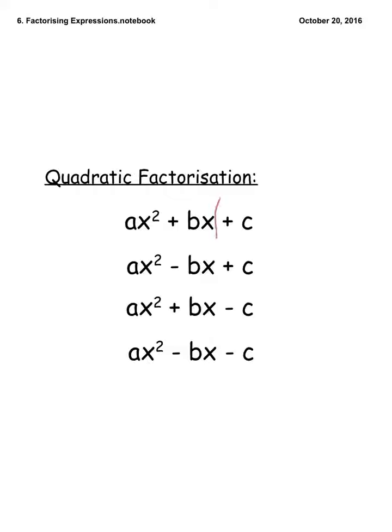The first two, with the plus in the second position, this tells you that the signs are the same. Okay, the signs are the same, so when you put your expression into two sets of brackets, you're either going to have x plus something, or you're going to have x minus something.